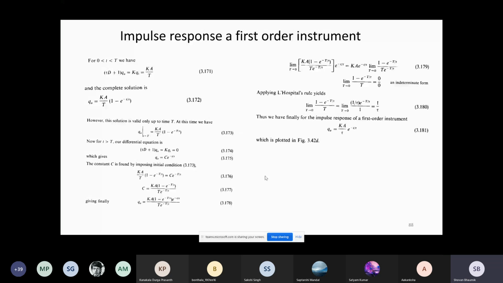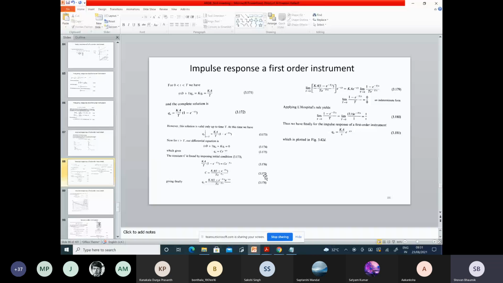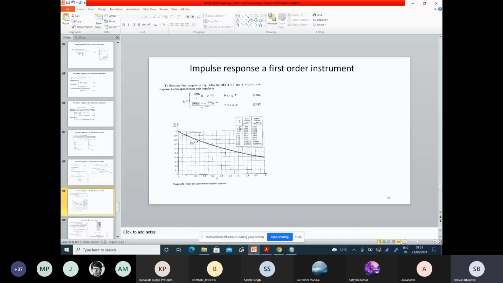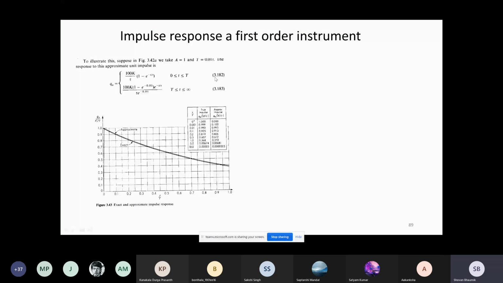Now this one is plotted here, the impulse response of a first order system. We have taken A equal to 1 and capital T is 0.001 tau, which is quite small compared to the time response of the first order system.